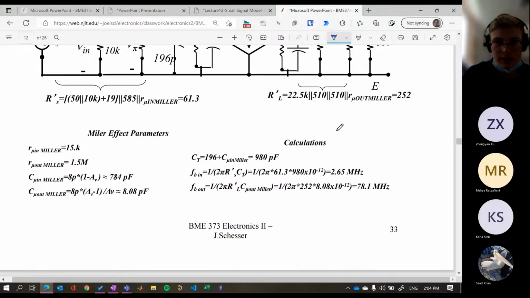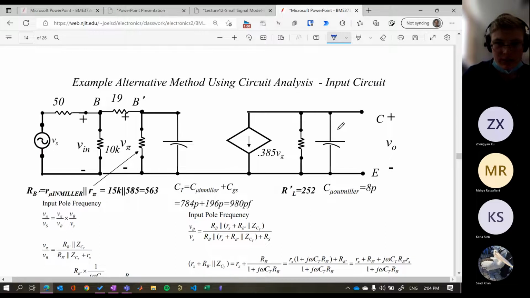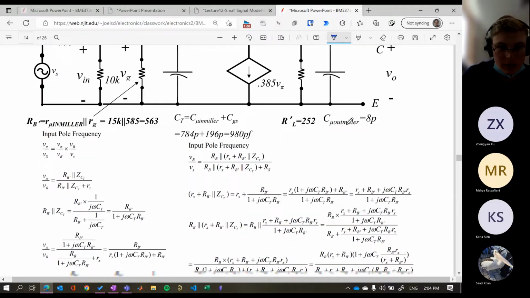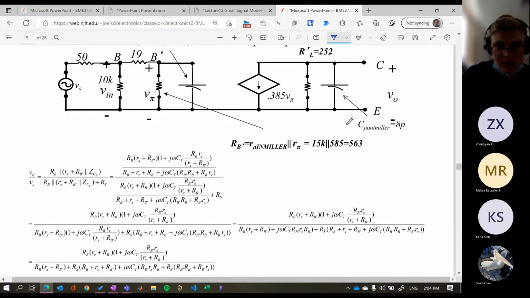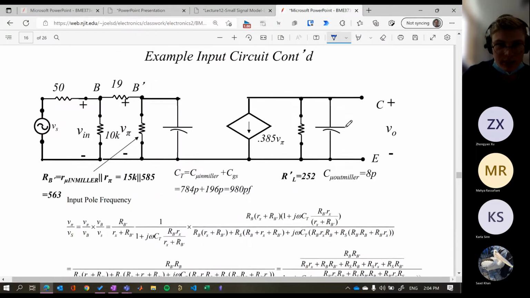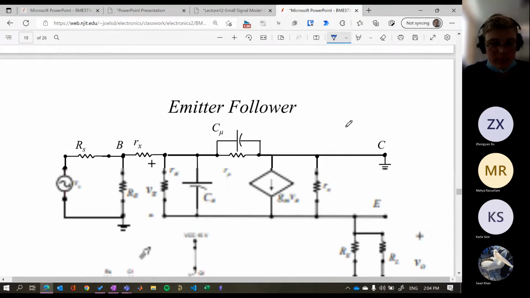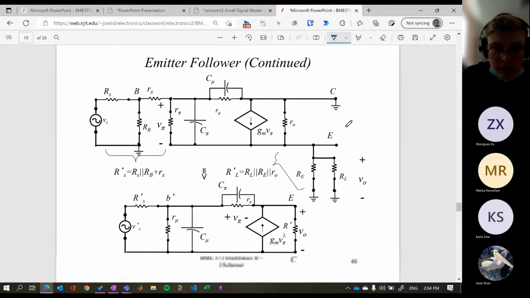I'm just having a look to see if these all seem very complicated. You can see obviously these become very complex very quickly. Follower.